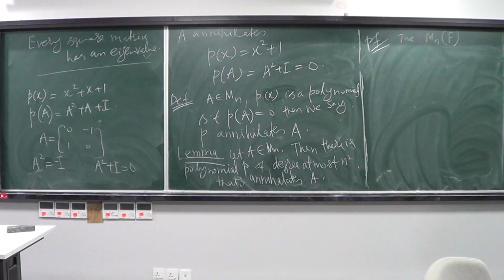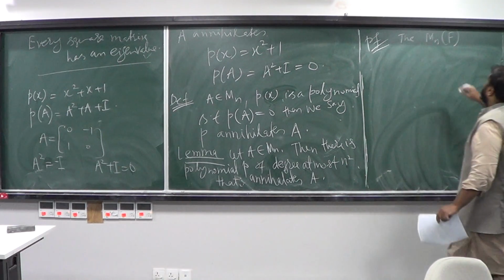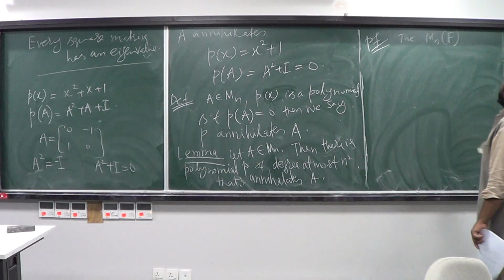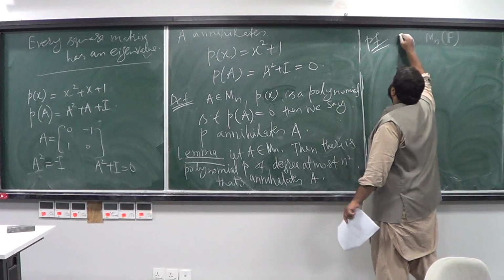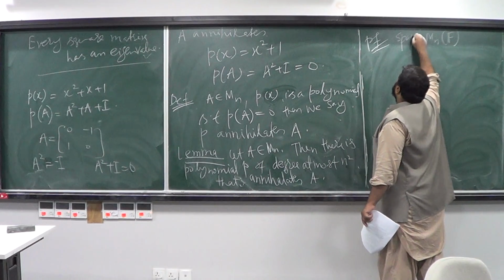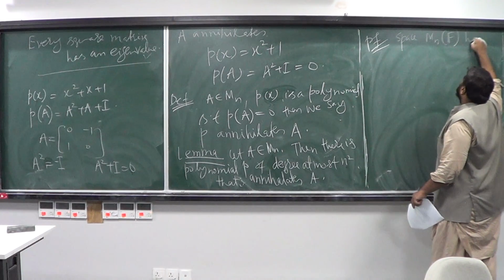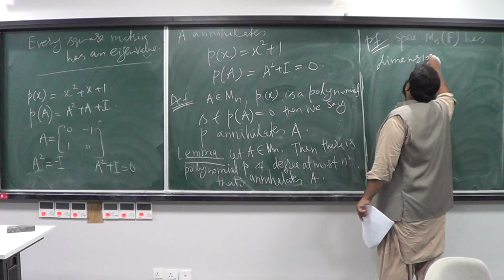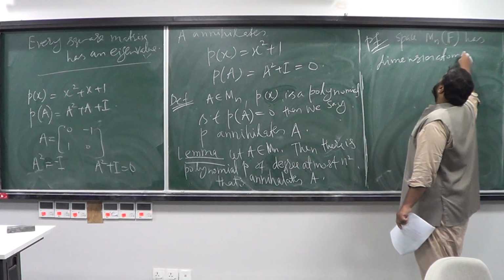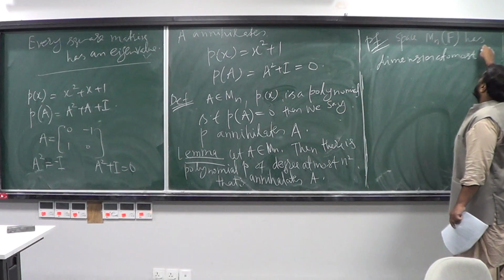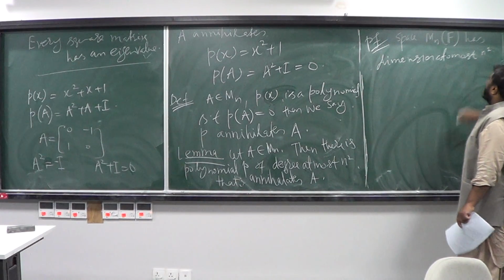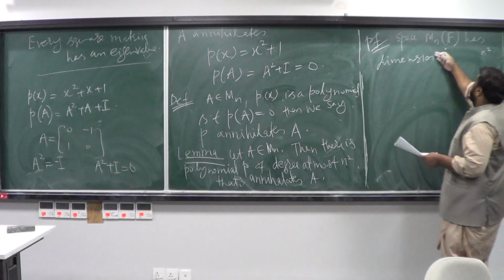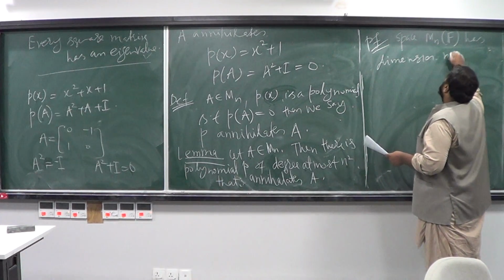What is the dimension of this space M_n(F)? This has dimension n square.